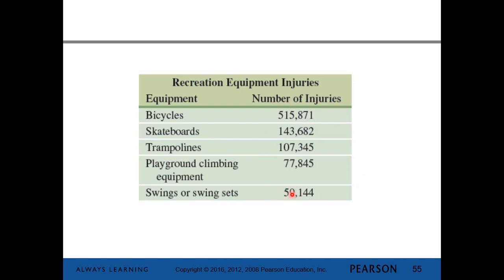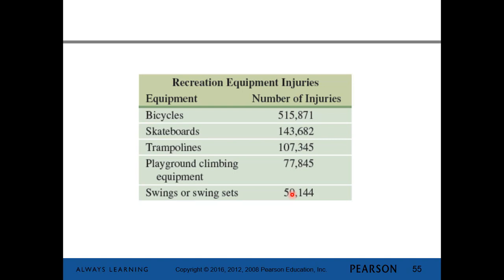Remember the definition we looked at before is the number of ways of getting a particular outcome divided by the total possible outcomes in a sample space. That is the principal rule, or what I call the theoretical definition of probability, or another way of saying it, the classical definition.